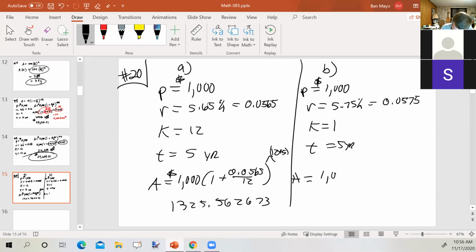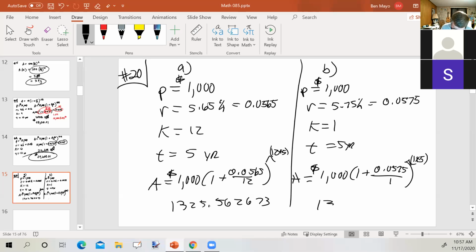Okay, now let's do part B. This would be 1,000, 1 plus 0.0575 over 1 to the 1 times 5 power. And I get 1,000 parentheses 1 plus 0.0575 divided by 1 closed parentheses raised to the parentheses 1 times 5 power.